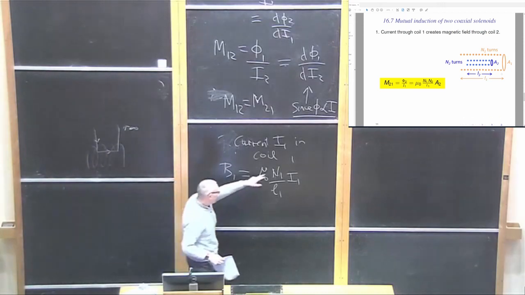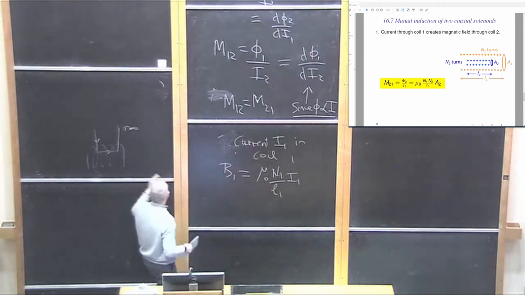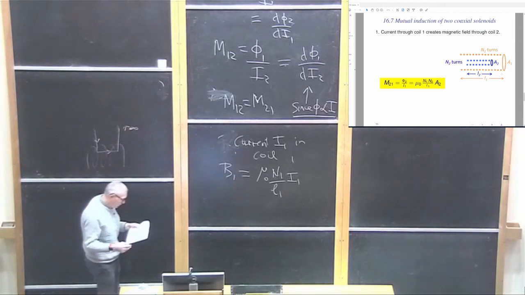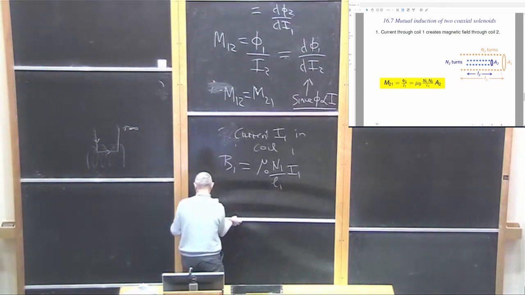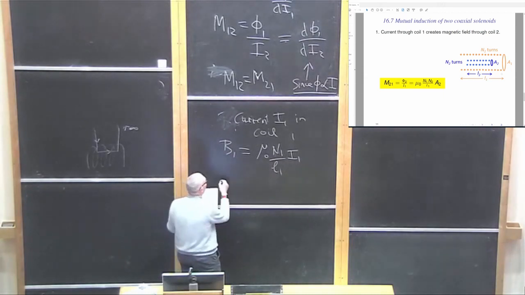So this is just Ampere's law, trivially, on a surface within that coil. Again, I don't want to repeat that derivation, but just so you might remember what I did.